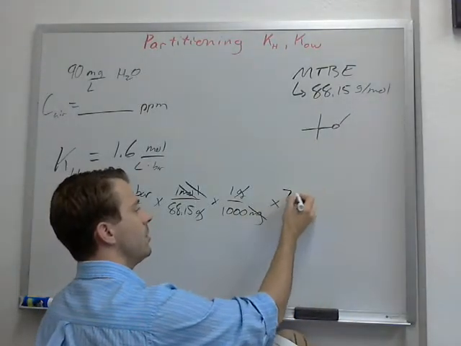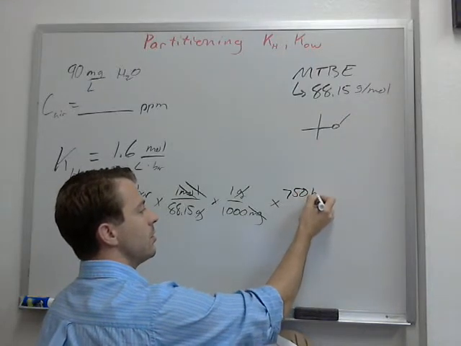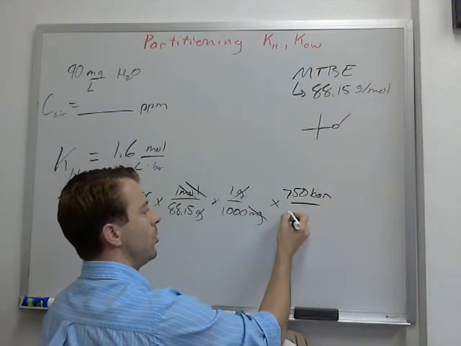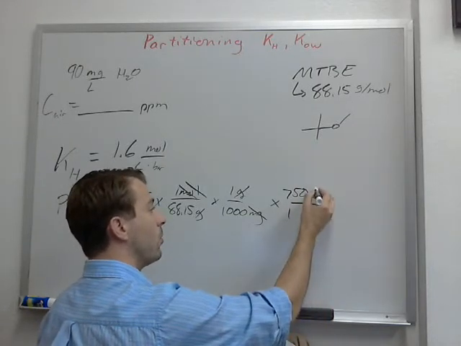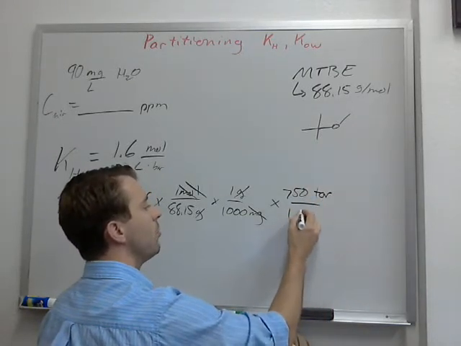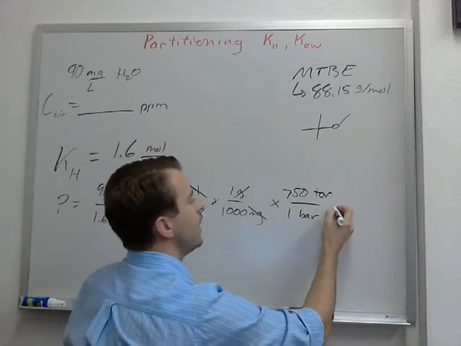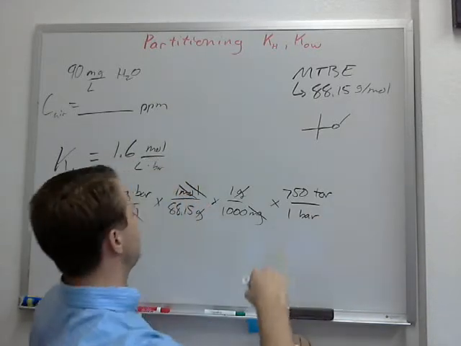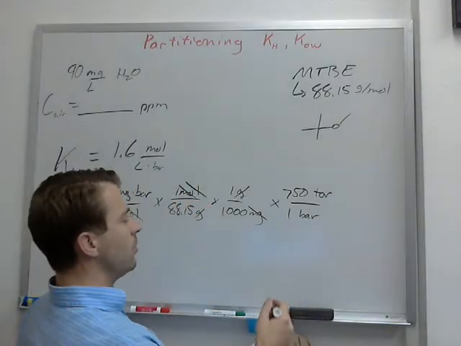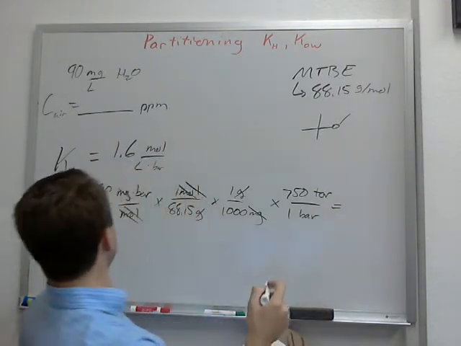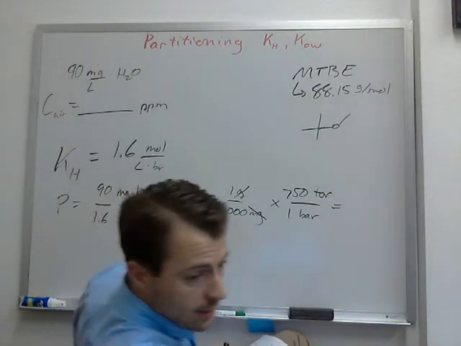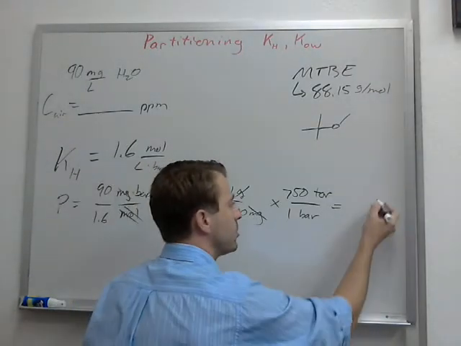So 750 torr per 1 bar, and that gives me my pressure. I'll calculate that out real quick. So that's my pressure in torr.